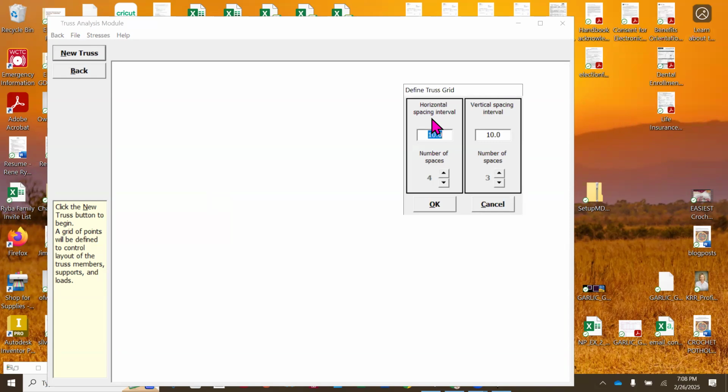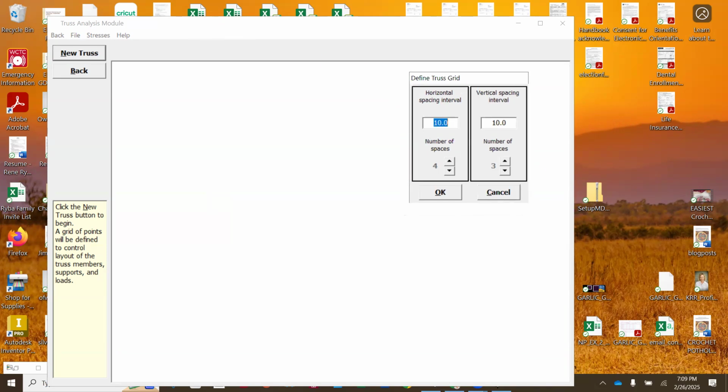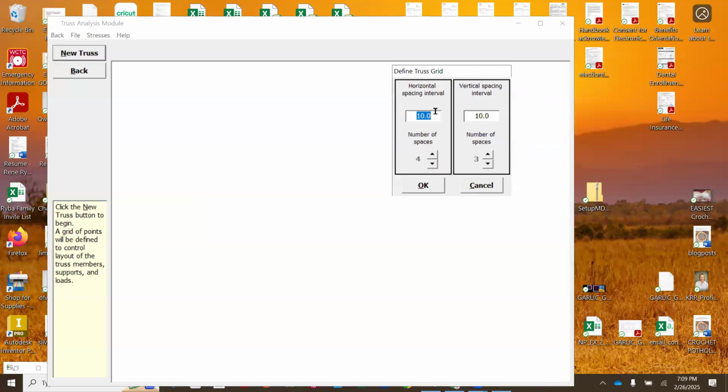This sets the definition of the grid, okay? So the first one says horizontal spacing interval. So that means any X distances. So if we look back, oh, it's not going to let me move this. Hold on. I want to look back at my illustration. My horizontal distance here is 3 meters. So I'm going to put my horizontal increment, and then you're going to say how many spaces.